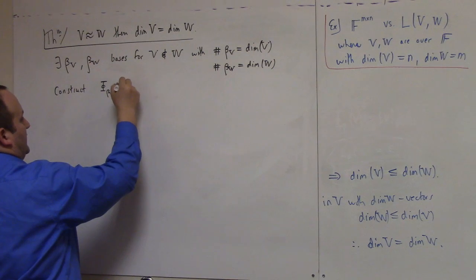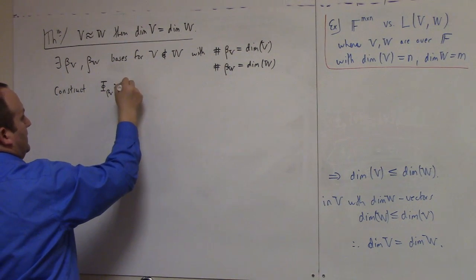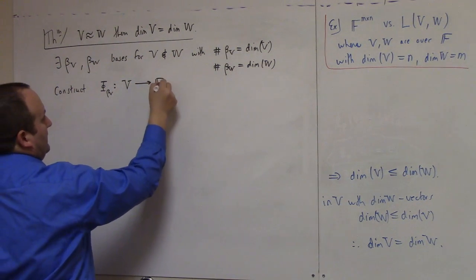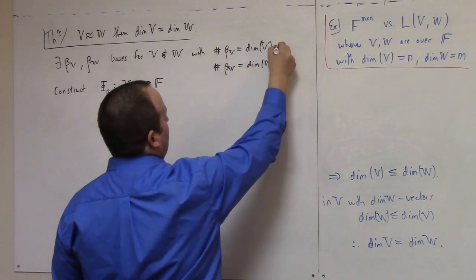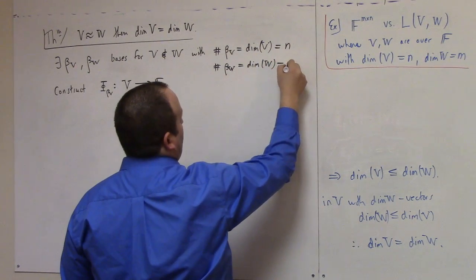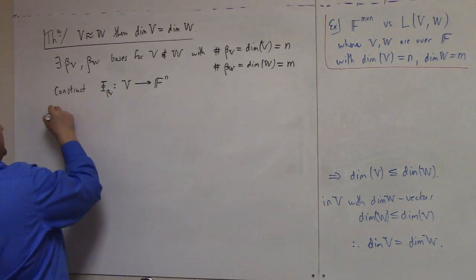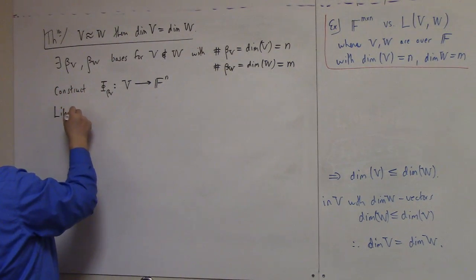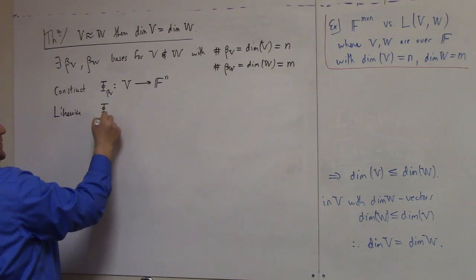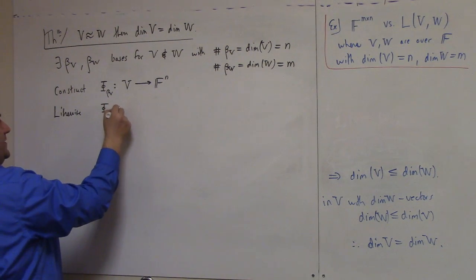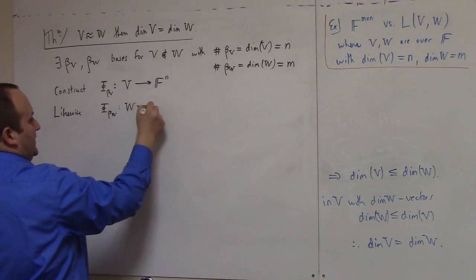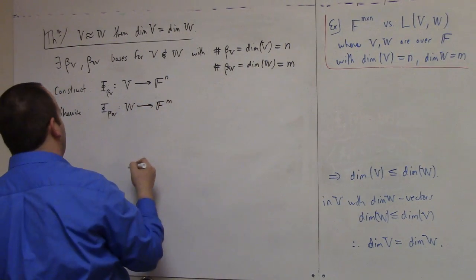I have the isomorphism of the coordinate map that goes from V to F^n. Let's call them V_n and W_m, so F^n. And likewise, the coordinate map for the W basis gives me a mapping from W to F^m.